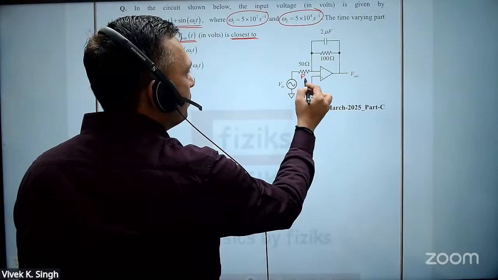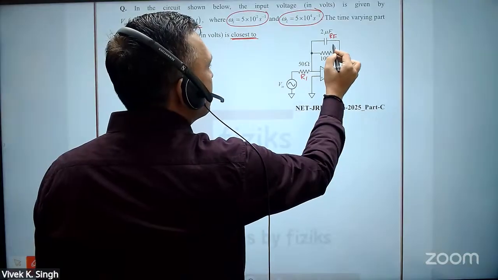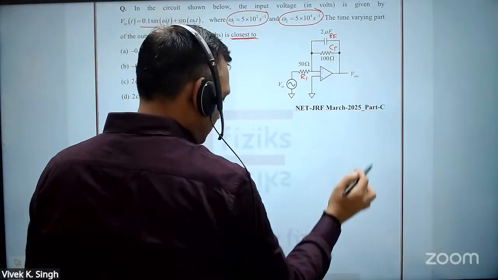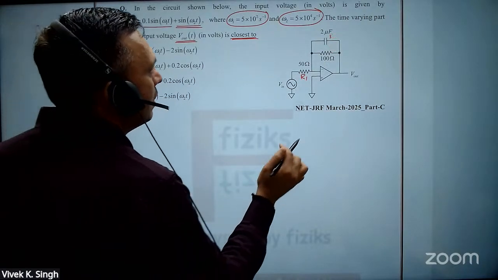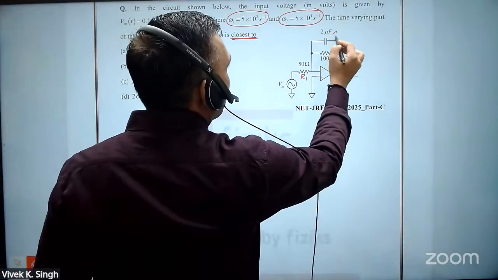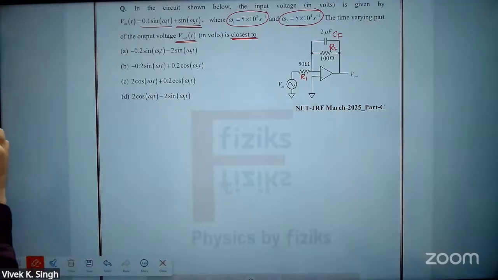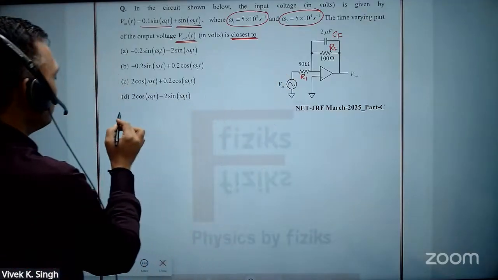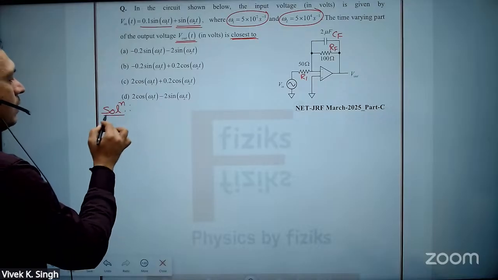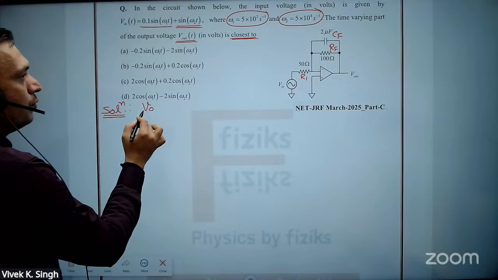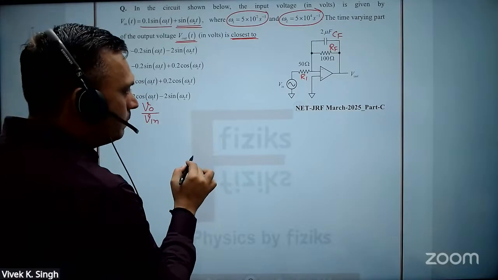I am taking this to be R1, this I am taking as RF, and the capacitance as CF. So this is in inverting mode. How will you write VO by V in for any frequency?